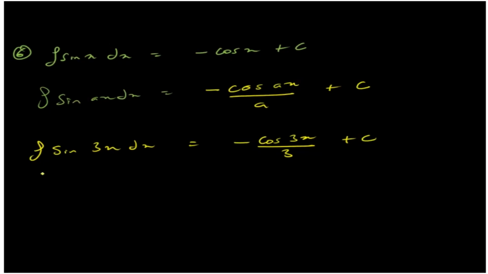All right, so now let's move on. I'm in which number now? Number 7. Okay. So the integral of cos now. How do you integrate cos? The differential of sine is what? Cos. Okay, so the integral of cos will be what? Sine.